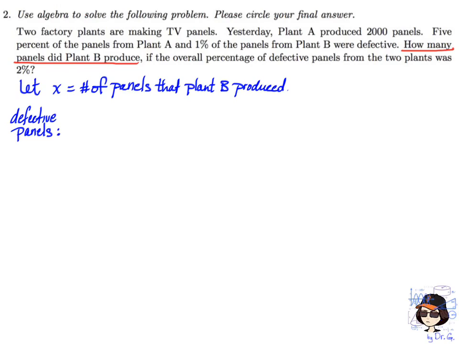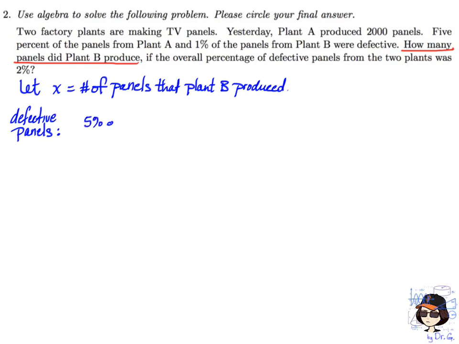And then we'll set those 2 different ways equal to each other. So there's a number of defective panels from plant A, and then a number of defective panels from plant B, and then there's the total number, and it's the defective panels from A along with the defective panels from B that gives us that total number.